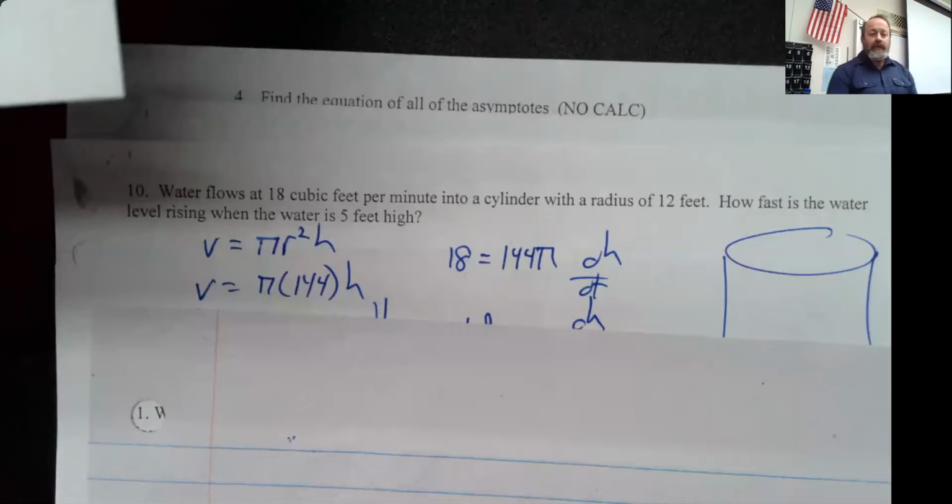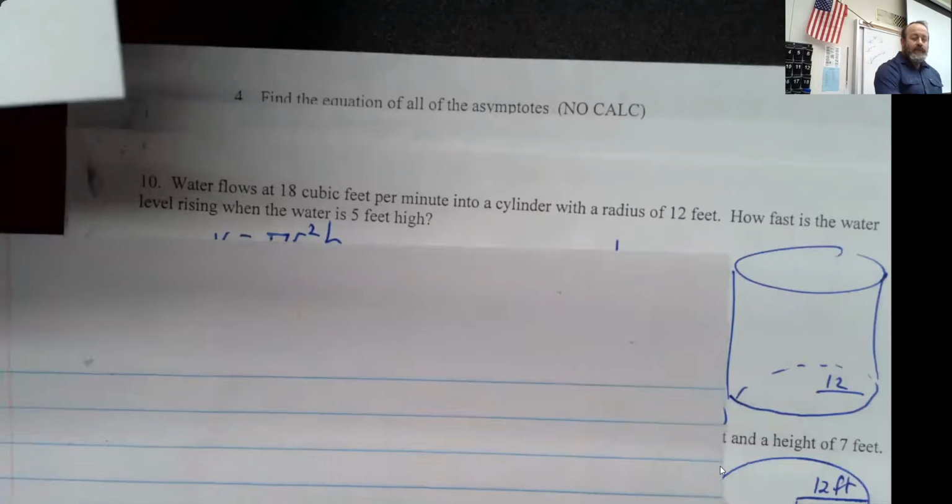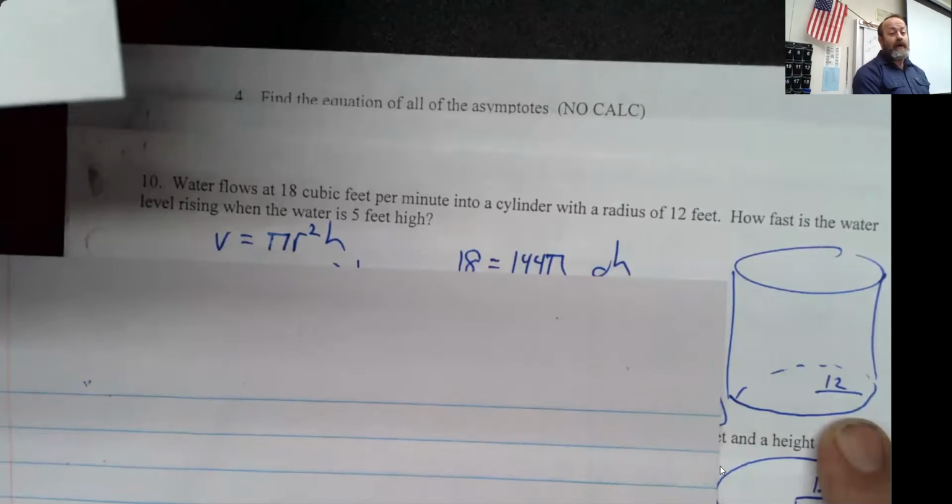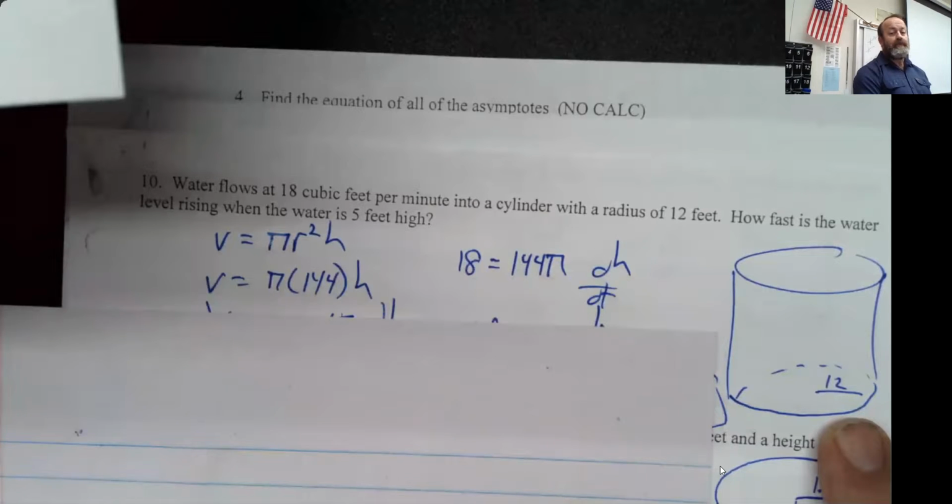So in problem 10, we know that this water is flowing out of this thing. And a very, very important thing to note is that if you have a cylinder, the radius being 12 is a constant. That is your friend. You get to plug that in super duper early. So when you start with your equation of pi r squared h, we're going to just jump in there and call r 12.